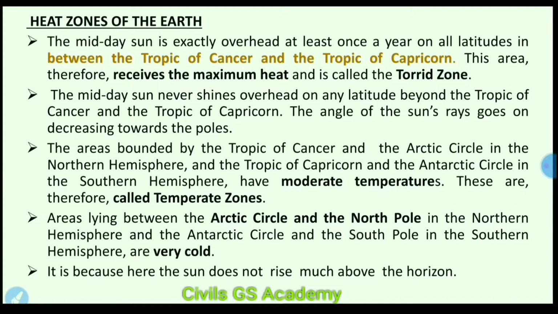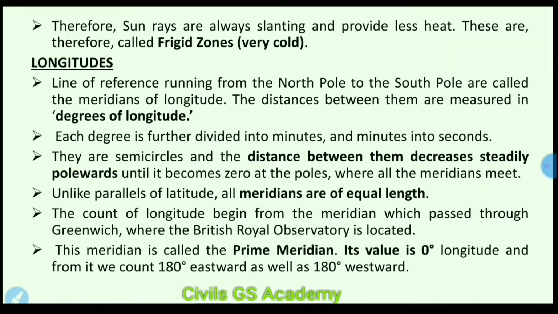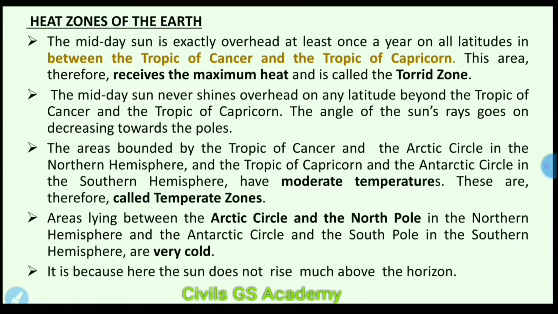So that's why the area bounded by the Tropic of Cancer and Arctic Circle in the northern hemisphere and Tropic of Capricorn and Antarctic Circle in the southern hemisphere have moderate temperature. These are therefore called temperate zones.